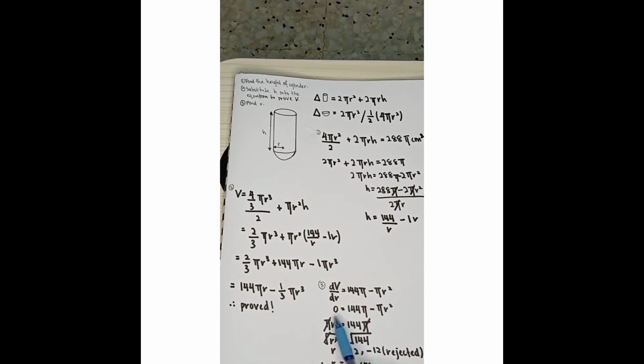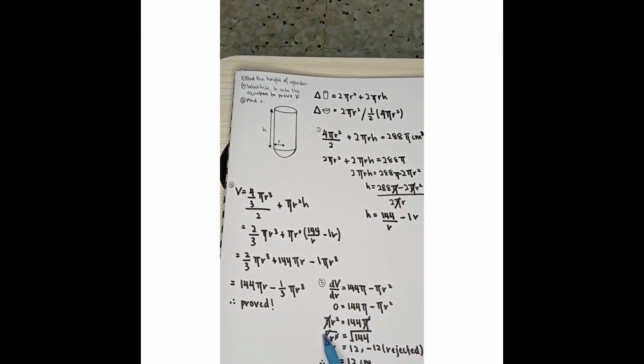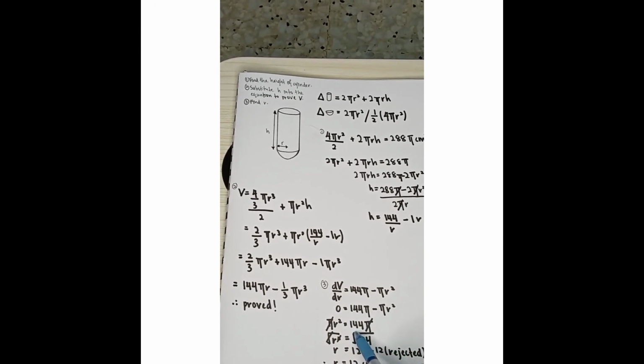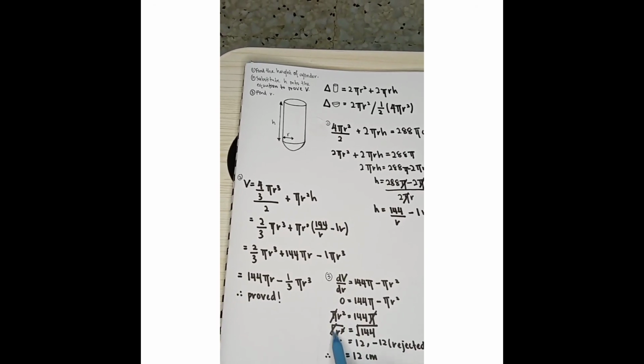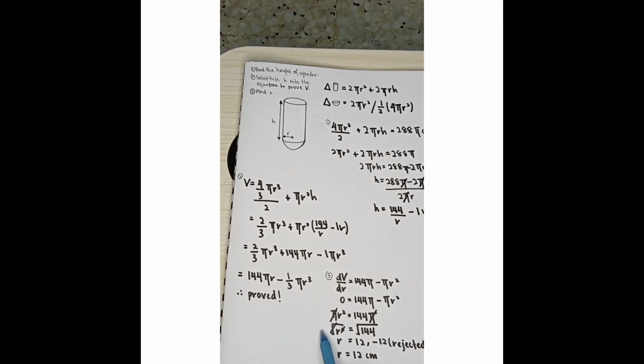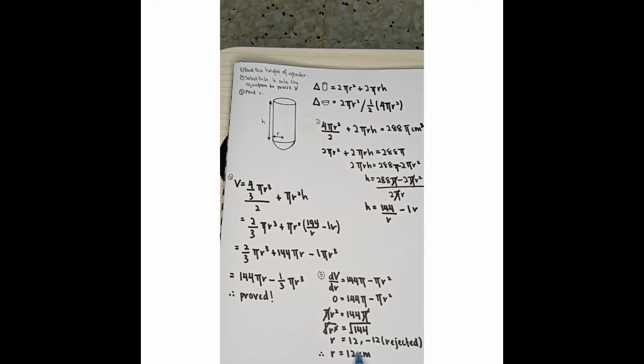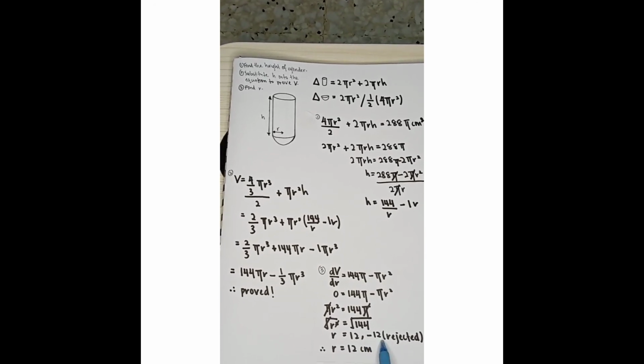It will be pi r squared equal to 144 pi. We can cancel the pi on both sides, and it will be r squared equal to 144. So we take the square root of both sides. It will be r equal to 12. Final answer, r is equal to 12 centimeters.